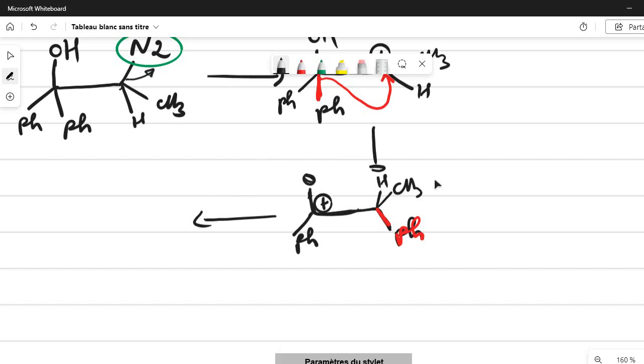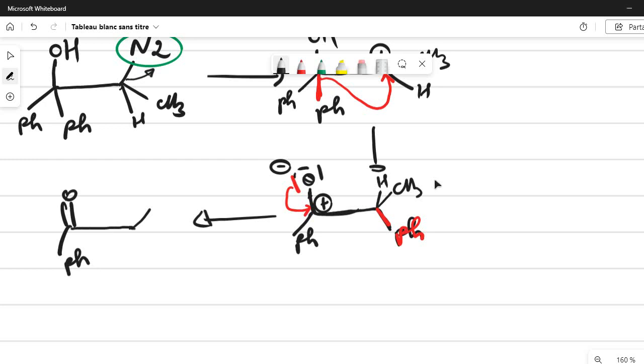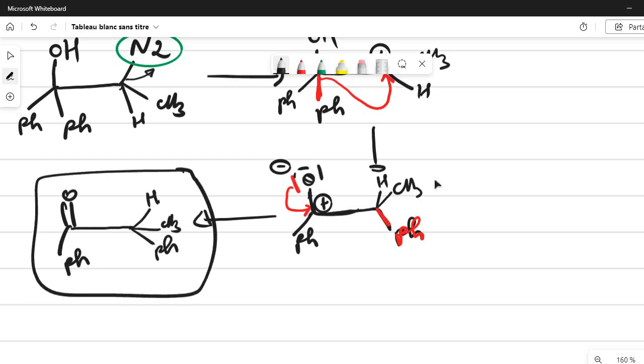So this one is the new molecule, and we just have to fold. This one is going to be folded, and we form a ketone with the rest here of the molecule, okay? So here is the final product.